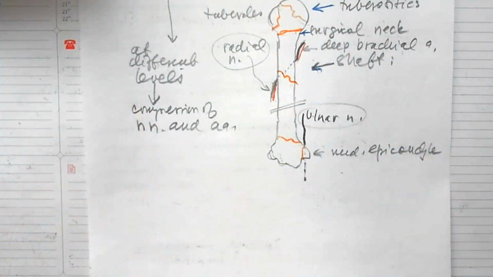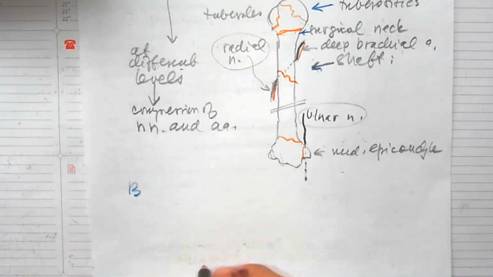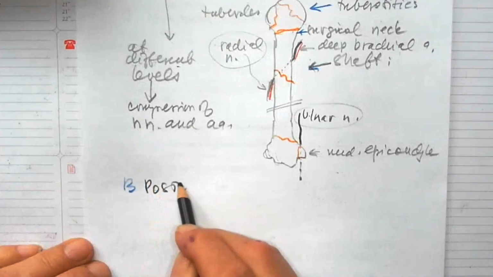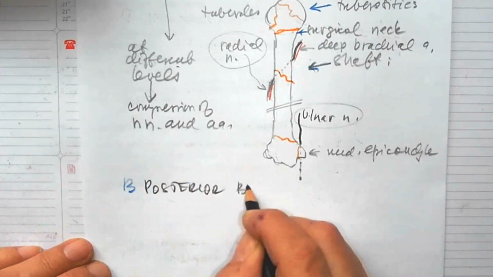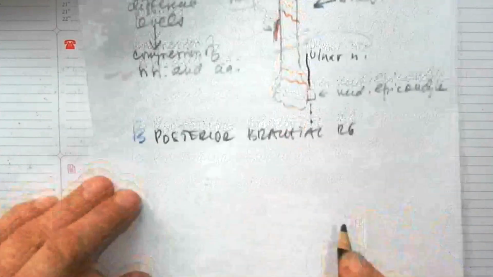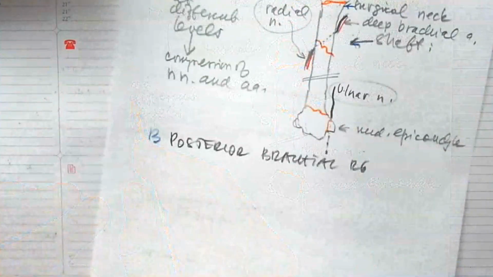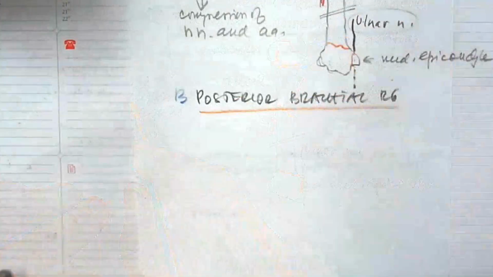This was the A, and then the same would be the B, and the area B is the posterior compartment, or even better, the posterior brachial region. The posterior brachial region contains in the subcutis superficial nerves from the radial nerve.